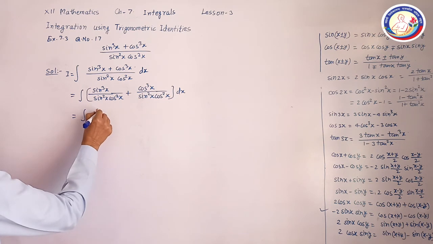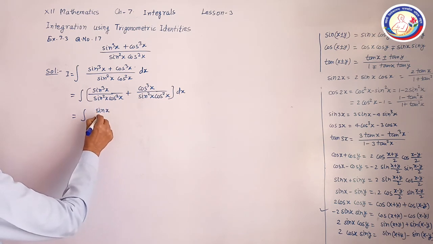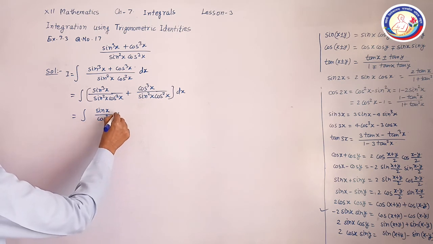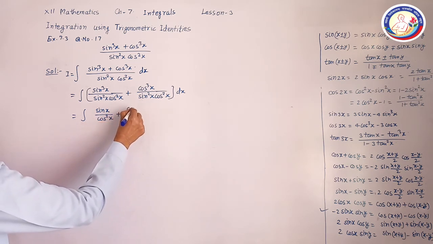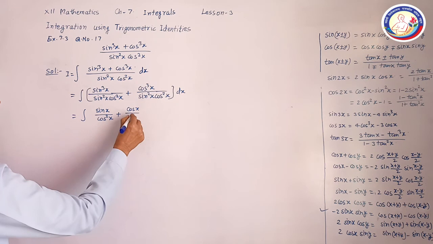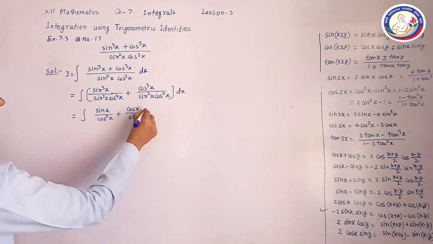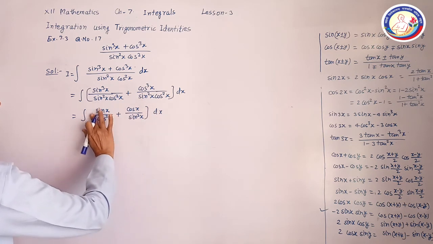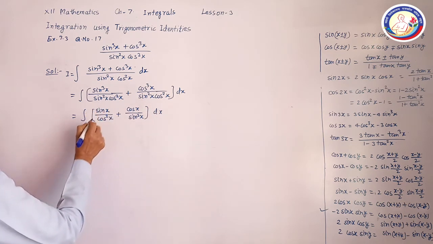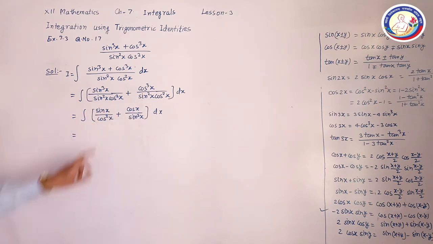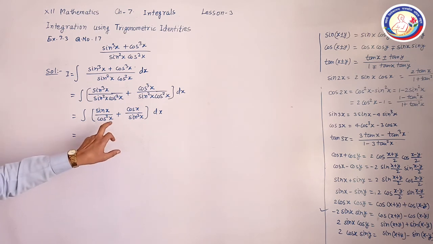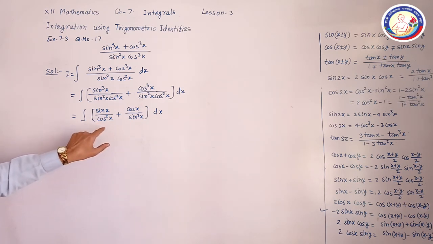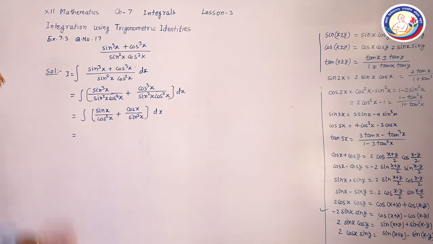So we will have sine square x in the numerator and cos square x in the denominator plus cos x upon sine square x. Now change this if possible in the form of integrable function.